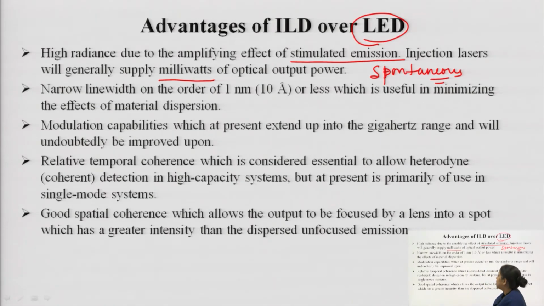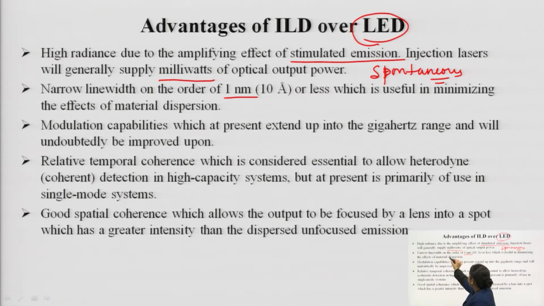Narrow line width, on the order of 1 nanometer or less, is useful in minimizing the effect of material dispersion. We already know that in the case of dispersion, what is going to happen?